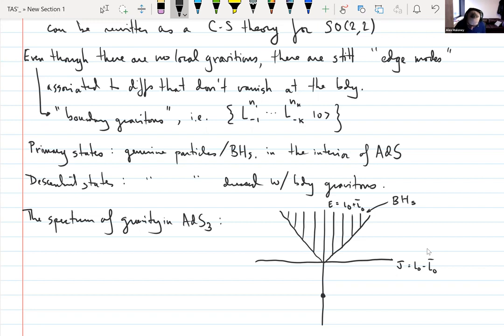Then you're going to have a vacuum state with 0 spin and energy minus c/12. And then you're going to have a bunch of perturbative states.